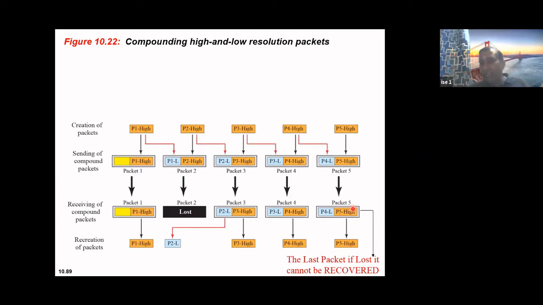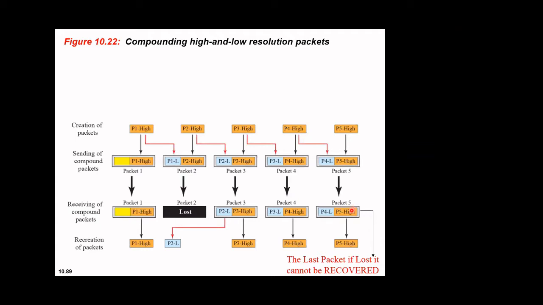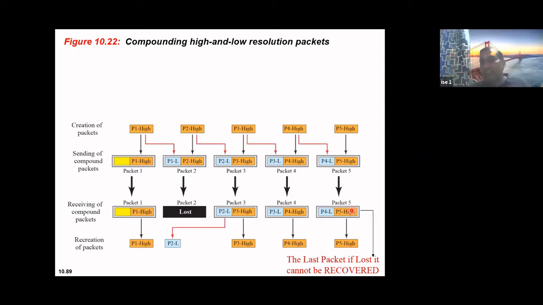Can you tell me why? Because no copy of it is present. For a copy of packet 5, there should be a packet 6 after this, which will contain a copy of packet 5. Packet 5 contains a copy of the previous packet 4.